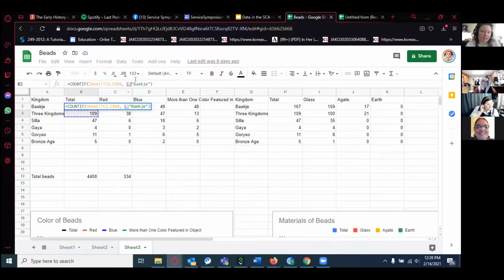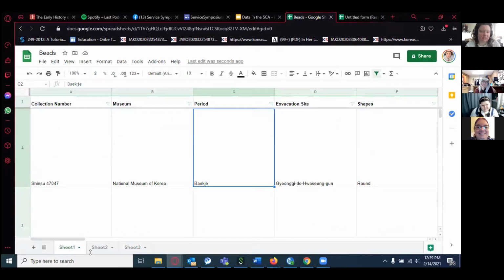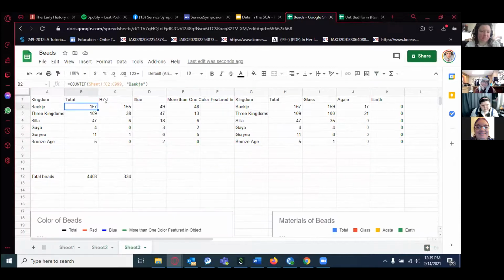If you're looking for more than one word in each sheet, you can also use COUNTIFS, and it looks for two different things: does it match this in this column, and does it match this in this other column. So for this example, it's looking at this column, does it say Bakie?